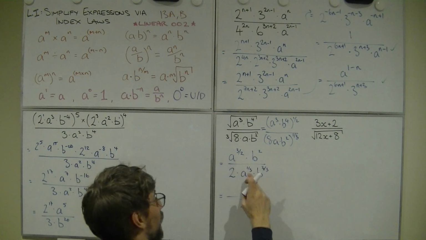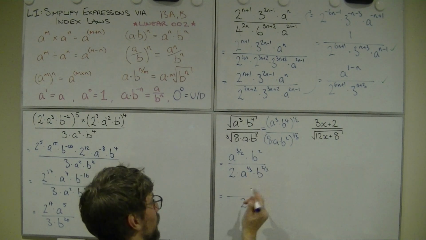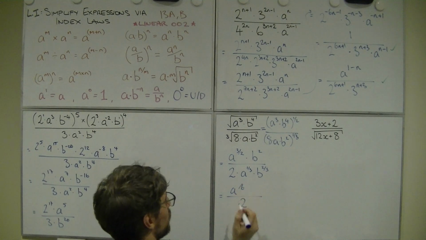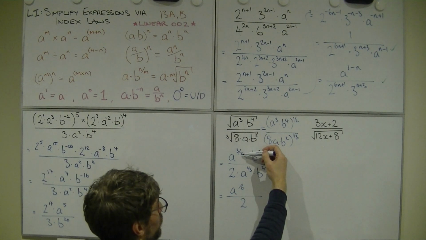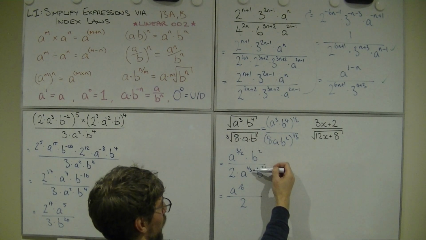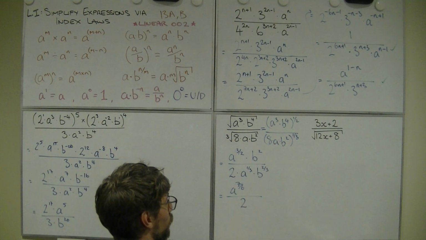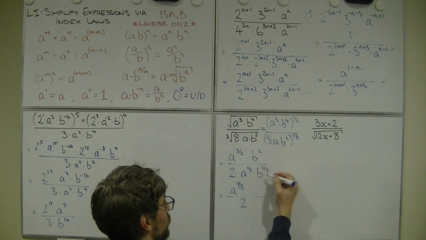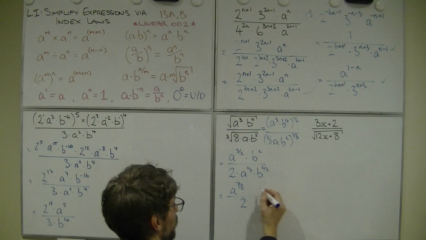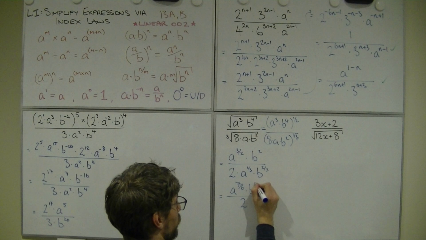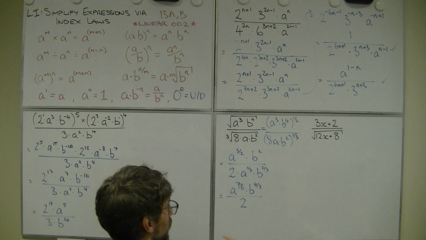A and 3 halves minus 1/3, so now I'm going to have to talk about sixths. Okay. So this is 9 sixths and 2 sixths, so that gives me 7 sixths overall. B to the 2 minus 2/3 gives me 4/3. Yes, yes.